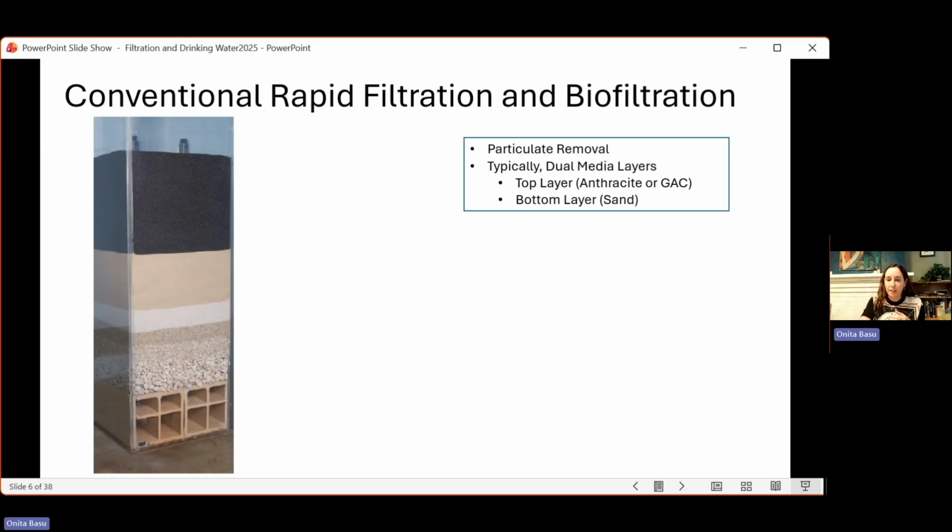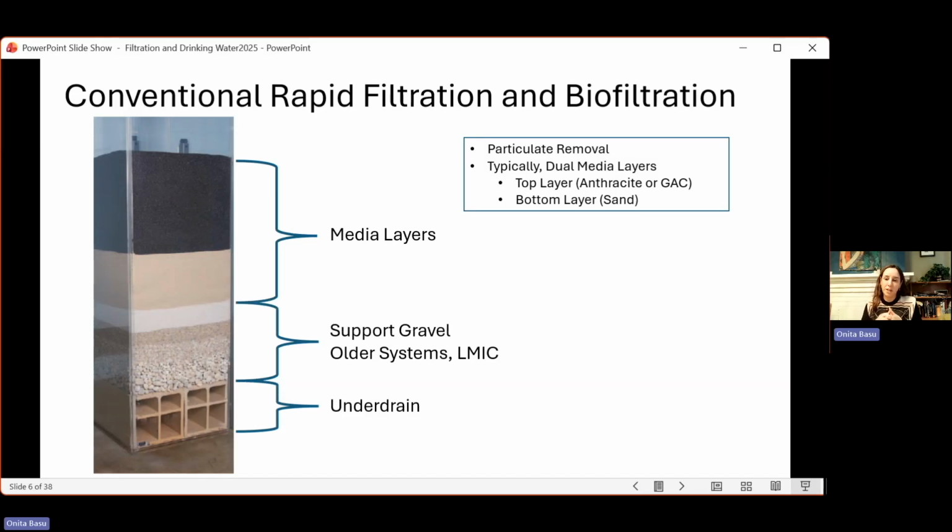It's typically a dual media situation with a top layer of anthracite or granular activated carbon, that's what GAC is. And then beneath that, you can see the support system. These two layers here are our media layers that we use for particulate removal. The bottom here is support for the above layers, and then there's an underdrain system to collect the water.